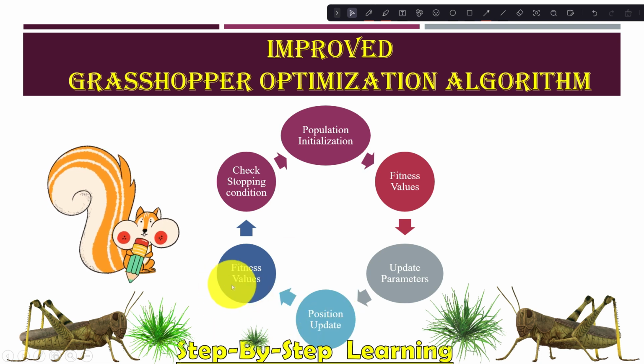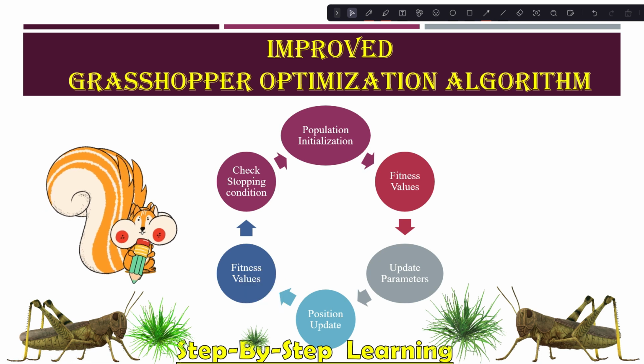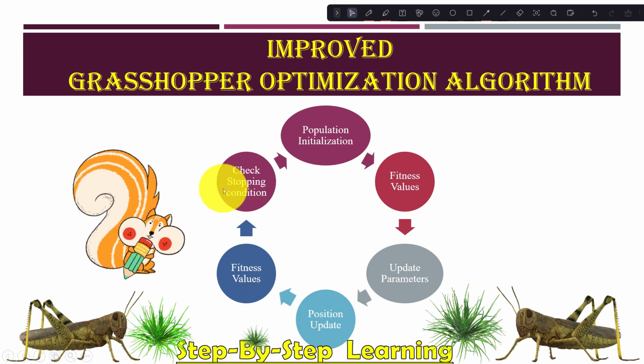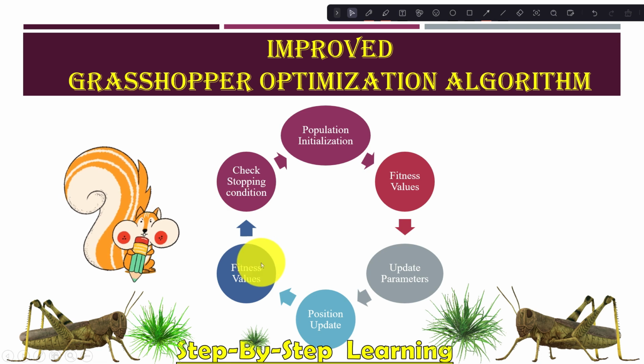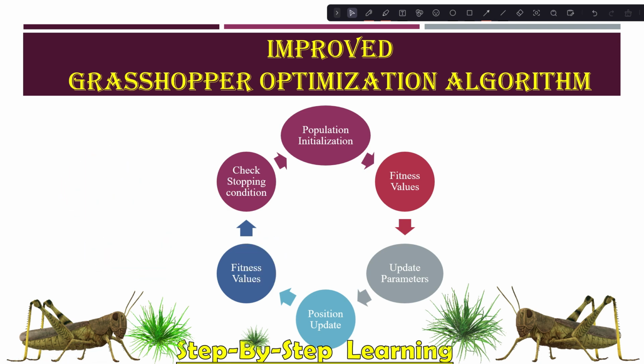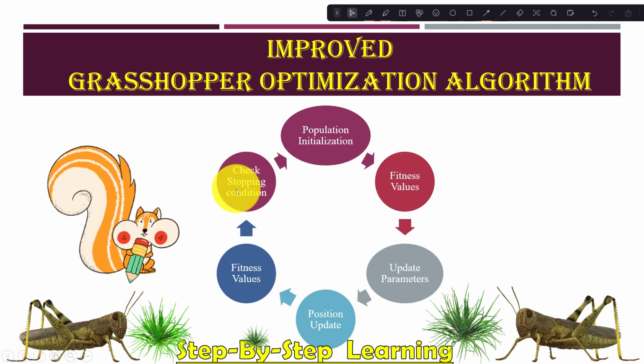After that, for the updated solution, again calculate the fitness values and then check the stopping condition. If the stopping criteria is met, then stop and display the optimal solution obtained in the previous iteration, else we will repeat this loop until the stopping criteria is met.